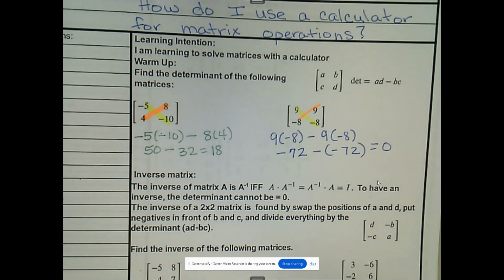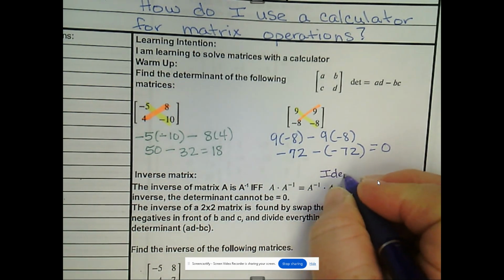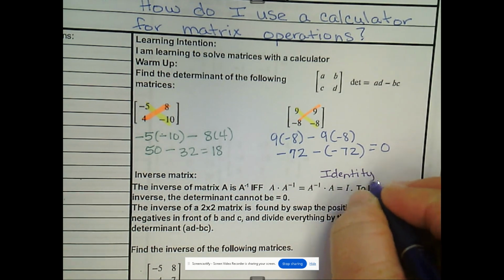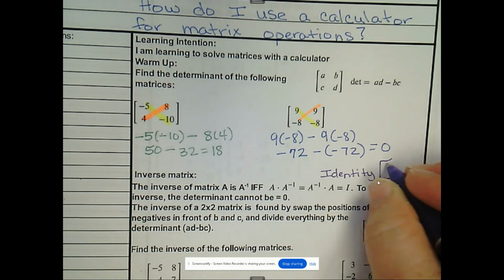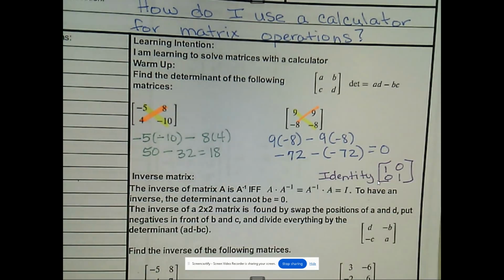We haven't defined what the identity matrix is. For a 2x2, it is 1, 0, 0, 1. There's your identity matrix. That will come in as an important part of our lesson when we get ready to do the project on matrices.